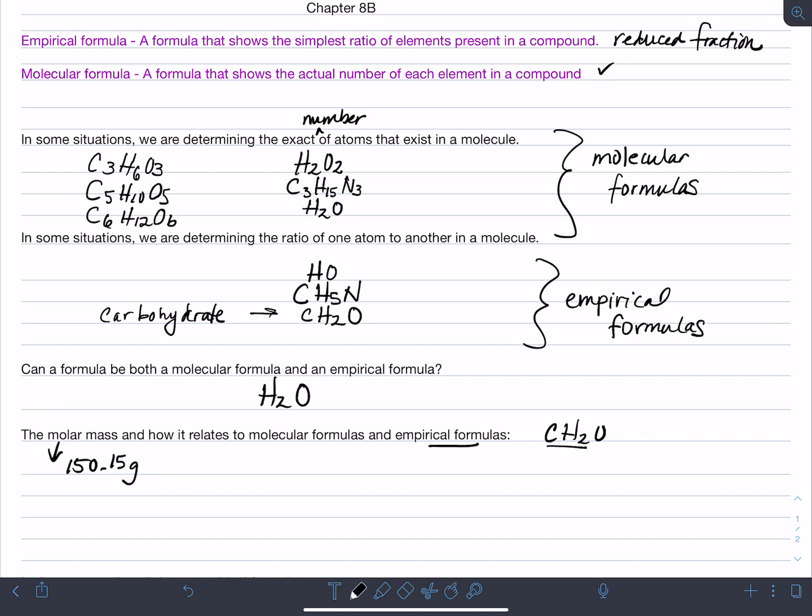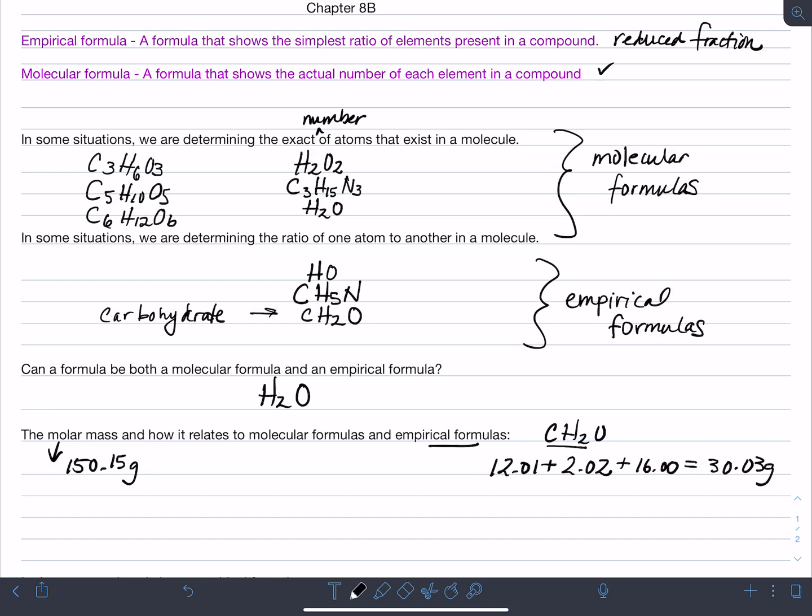For this particular empirical formula, we know that we would have 12.01 for the carbon, 2.02 for the hydrogen, two of those, and then 16.00 for the oxygen. Well, when I add all that up, I get 30.03 grams, okay?